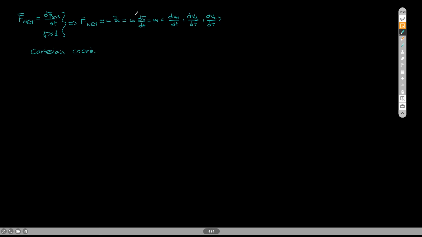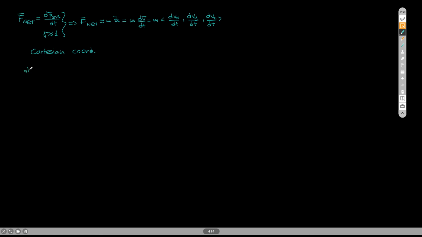Now, I have written this expression for acceleration. I have the net force equals mass times the vector dvx over dt, dvy over dt, and so on. And now I need to look at the interactions and the forces, and find the net force. Now I am talking about the projectile that is moving through the air.